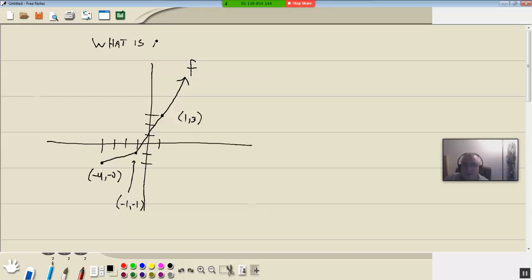what is an inverse graphically? We're going to take a look at algebraically here in just a second. This point was -4, -2. So in blue, I'm going to put another point that's -2, -4.